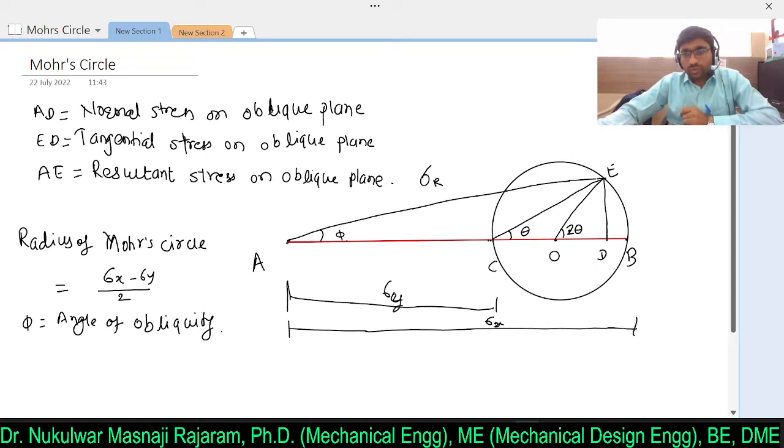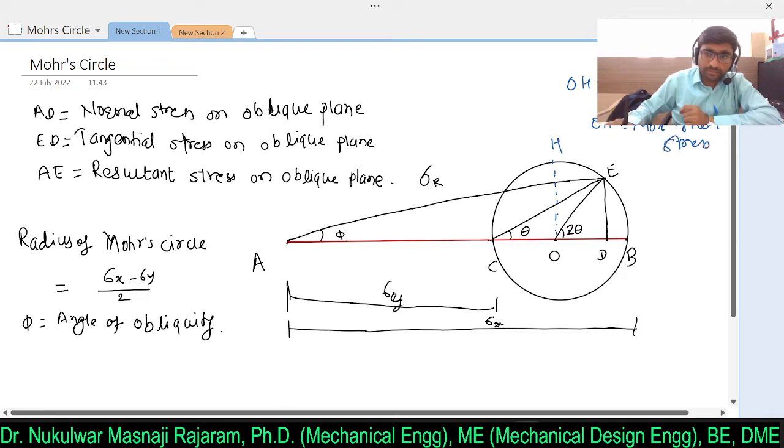Now if I ask you what will be the maximum shear stress, then I can say that this OE, when it becomes fully vertical. So from this, if I drop a line up to this, if I consider this H point, then OH is nothing but the radius of the circle, and this will give you the maximum shear stress.